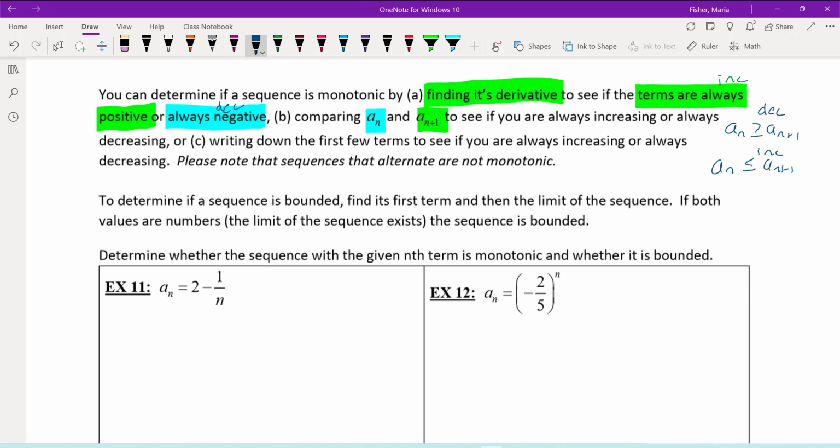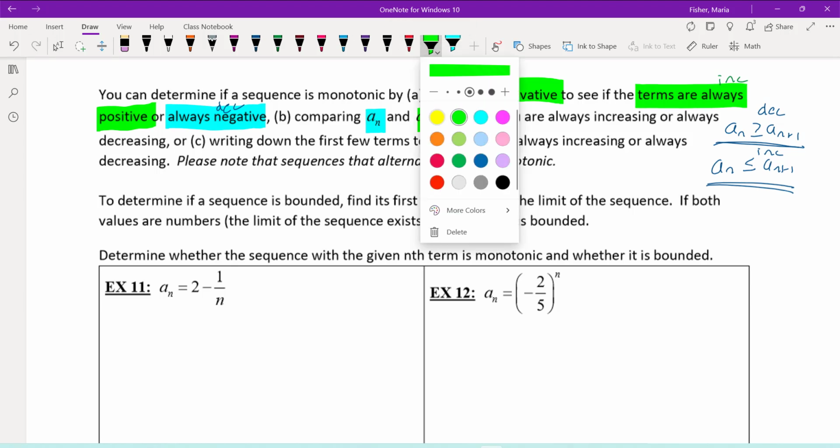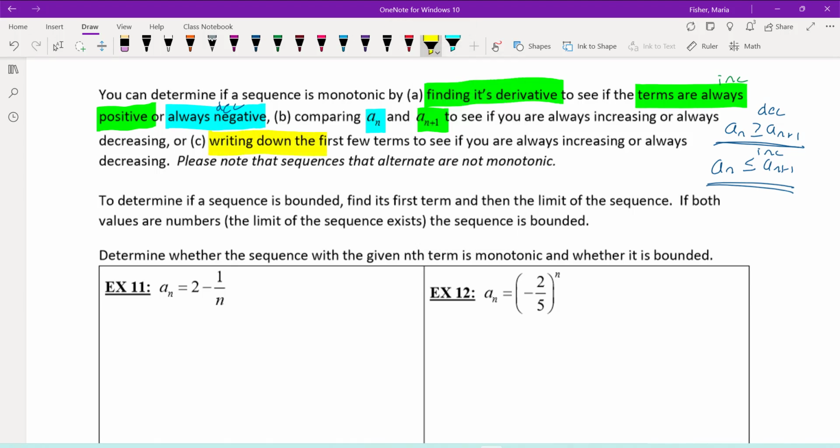So if you could show that this inequality holds or this inequality holds, you show that you're monotonic. The last way of doing it is by just writing out the first few terms. You typically do this when you have something that's negative raised to the n. That way you can show that you're oscillating between positive and negative, so there's no way that you're always increasing or always decreasing. That's how you determine if you're monotonic.